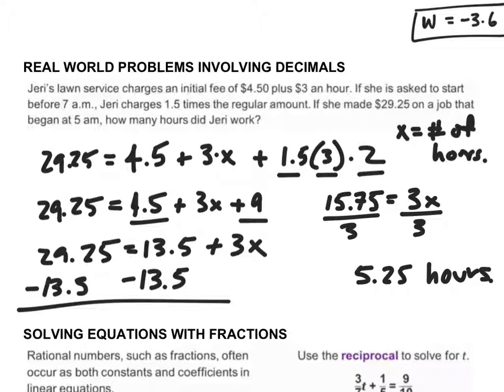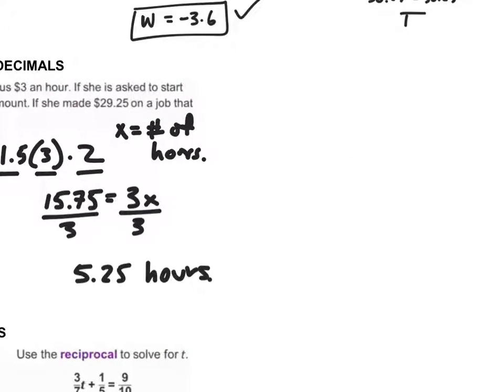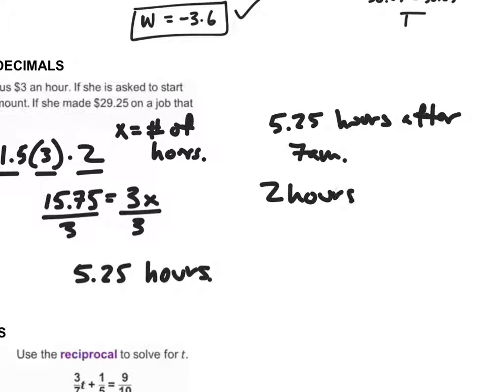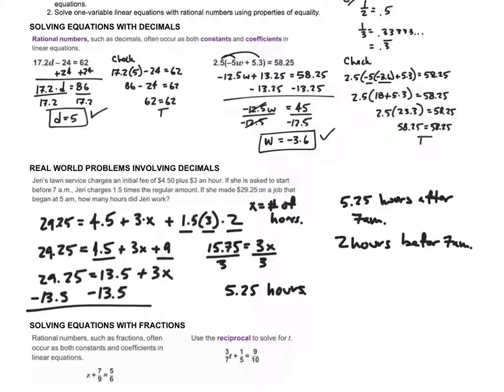That's the amount of hours that were worked. So let's write this down: 5.25 hours after 7 a.m., and then 2 hours before 7 a.m. That's kind of a weird problem.